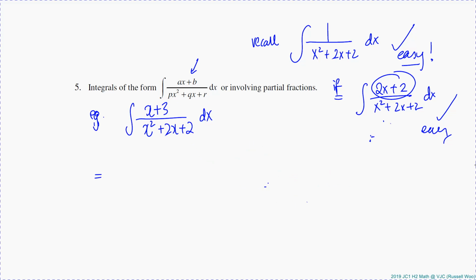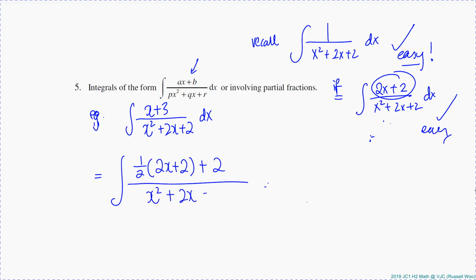This is the same as integrating, I rewrite x plus 3 like this. It's actually half 2x plus 2 plus 2 over x squared plus 2x. Where just now I said this is my a. Don't ask me how come I can find these two so fast.